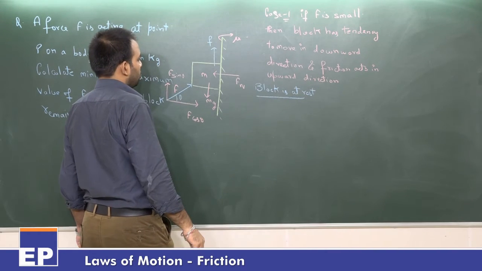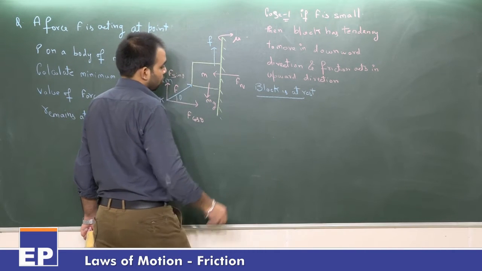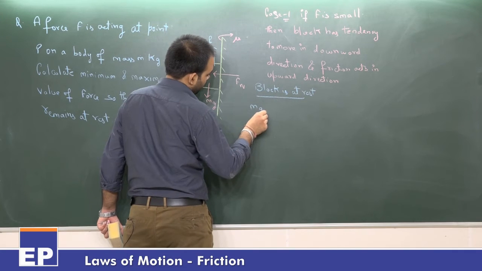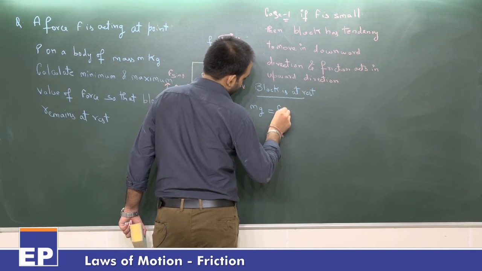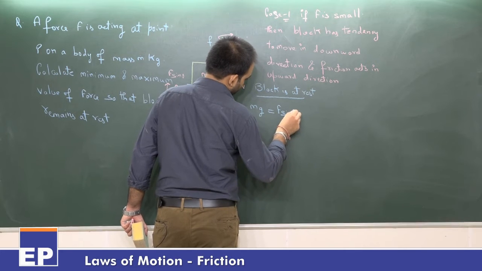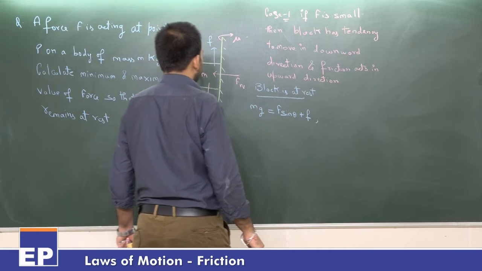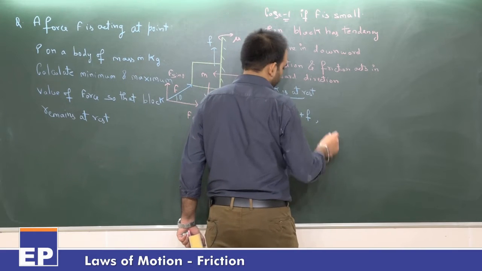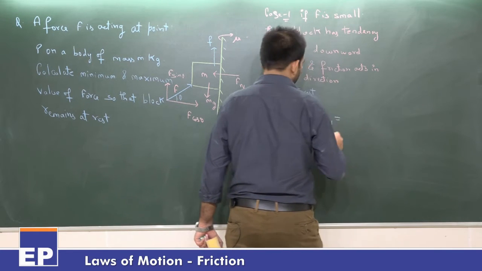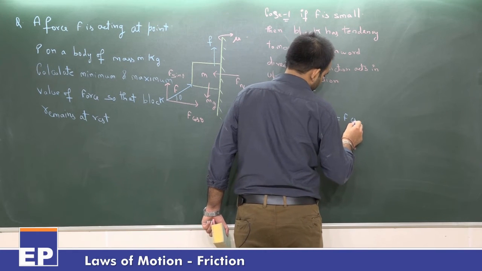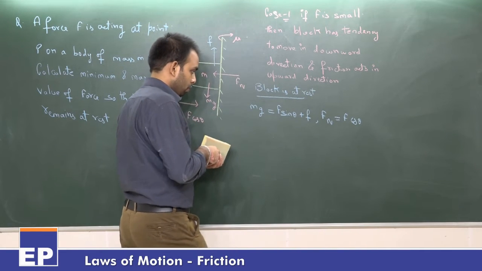If the block is at rest, mg is acting downward, friction is acting upward, and this is the force in the upward direction. So we can say mg is equal to F sin theta plus small f. And here Fn is equal to F cos theta. What is friction?